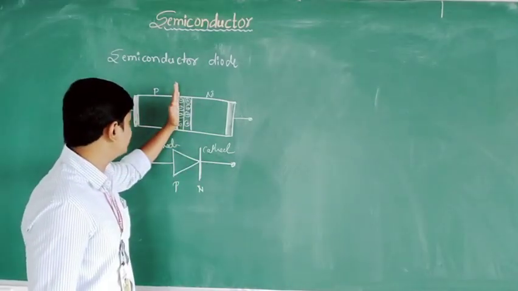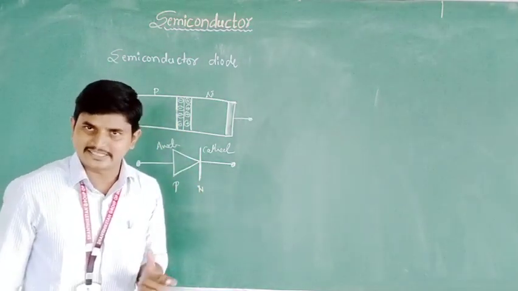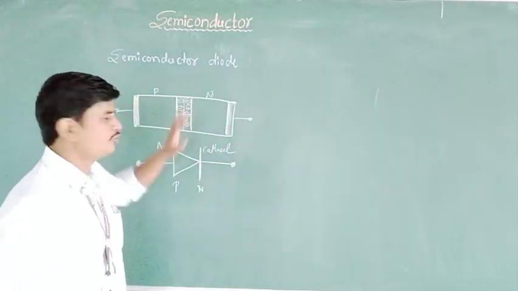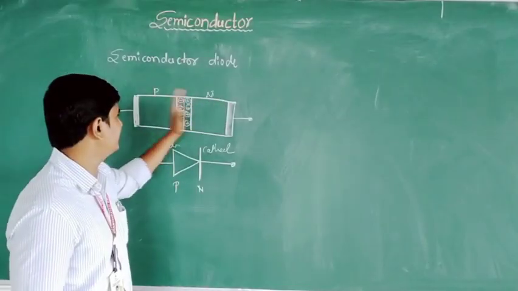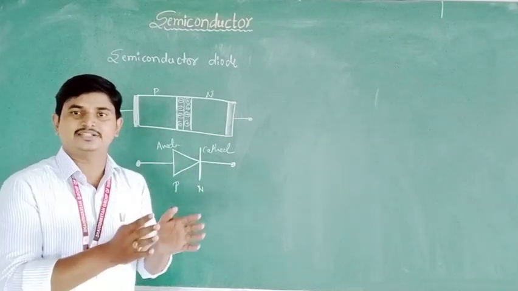Because of the positive layer and negative layer, a potential barrier is created. The potential difference opposes the diffusion of charges from P to N side and N to P side, and works like a barrier or a wall.